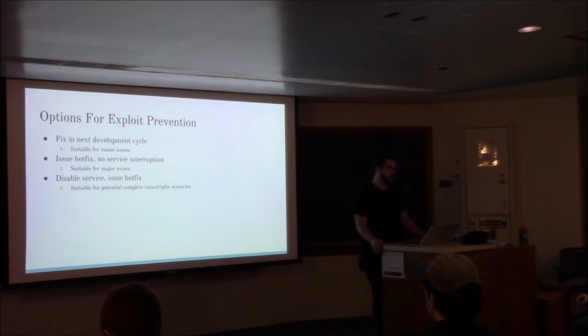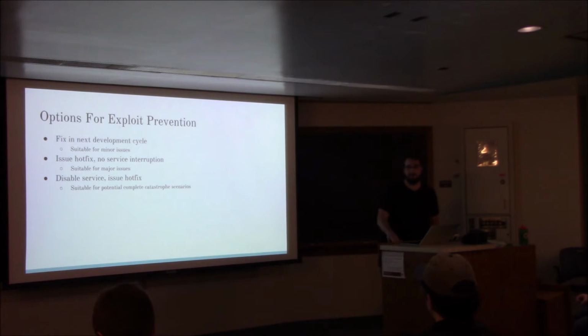That's if it's, maybe it occasionally crashes the app, but no data is being leaked, nothing bad is happening. The second one, which is what I was doing when I found out that URLs could be injected, is start writing a hotfix, but don't interrupt service. So what you're doing here is you are trying to write a fix for the bug as soon as possible, but without interrupting service. This is for things that are a little more important, but stopping shy of, say, leaking personal information, credit cards, or anything like that.